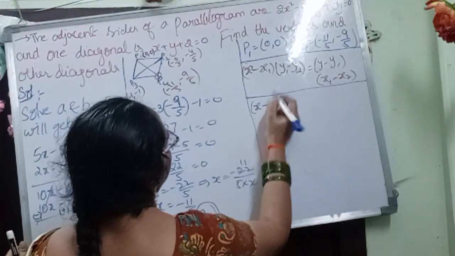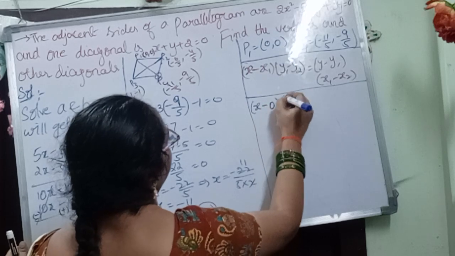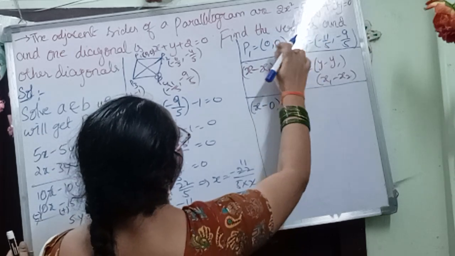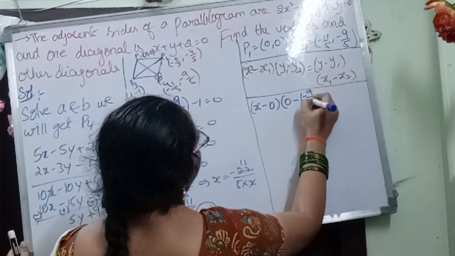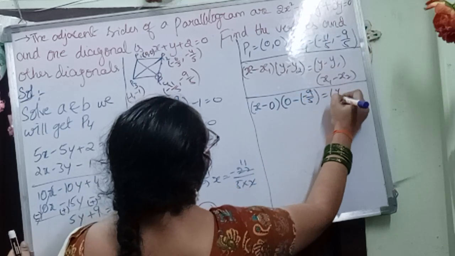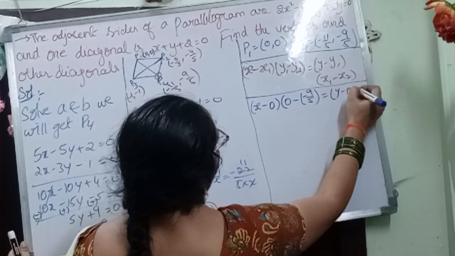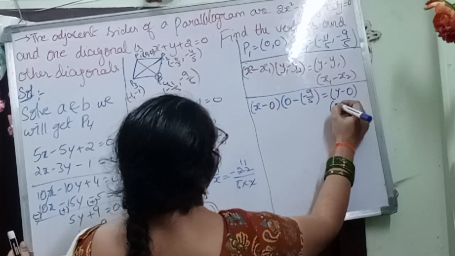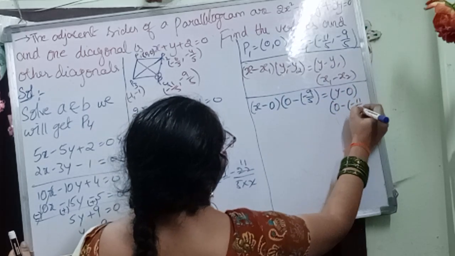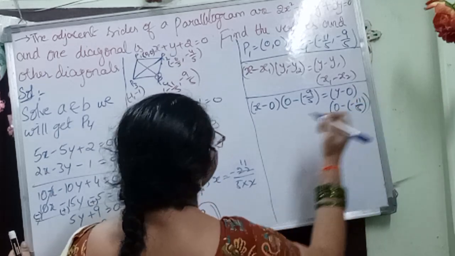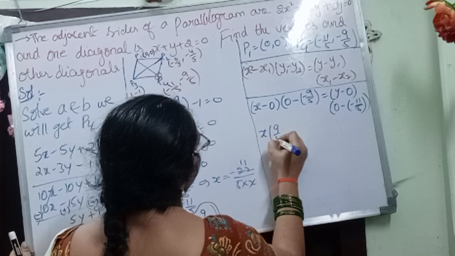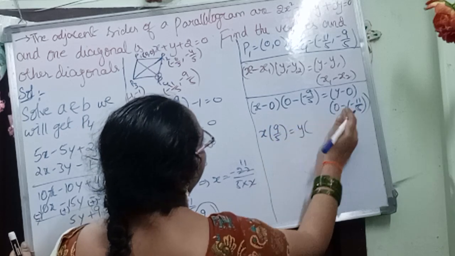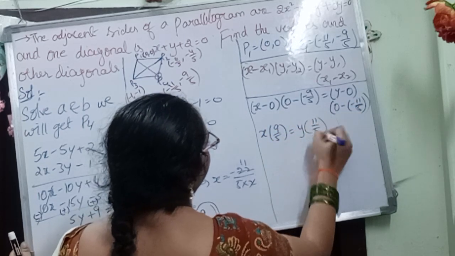So x minus x1, x1 is 0, into y1 which is 0 minus y2 which is minus 9 by 5, equal to y minus y1, again 0, into x1 which is 0 minus of minus 11 by 5. So x into plus 9 by 5 equal to y into plus 11 by 5.